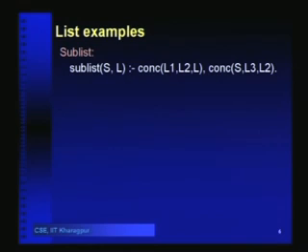We want to find out whether S is a sublist of L. That is going to happen if I can find two lists L1 and L2 such that their concatenation gives L, and concatenation of S with some L3 gives us L2.